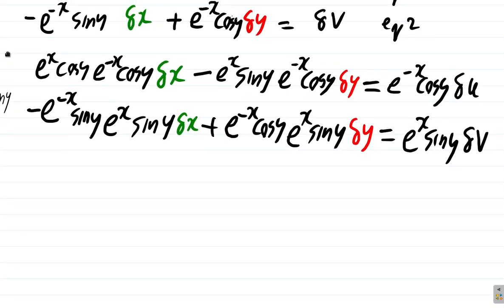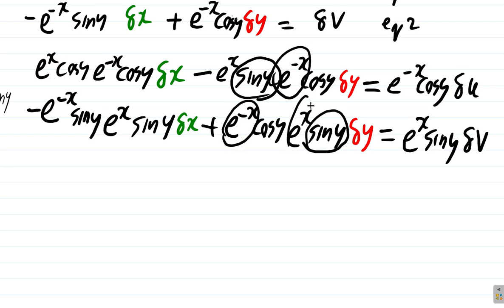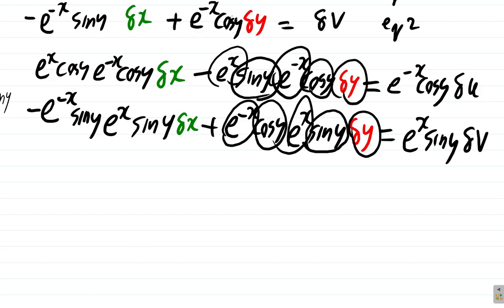Now, notice we can rewrite this part. We have our sine y, our e to the negative x, our e to the x, and our cos y, and our del y.